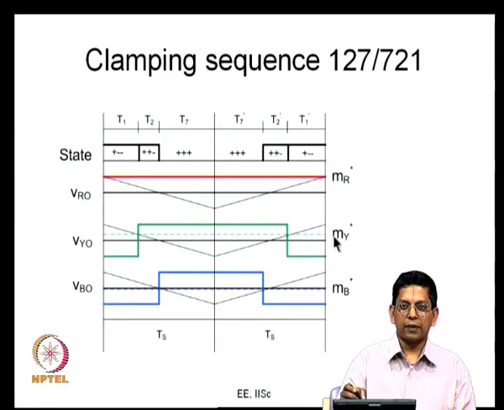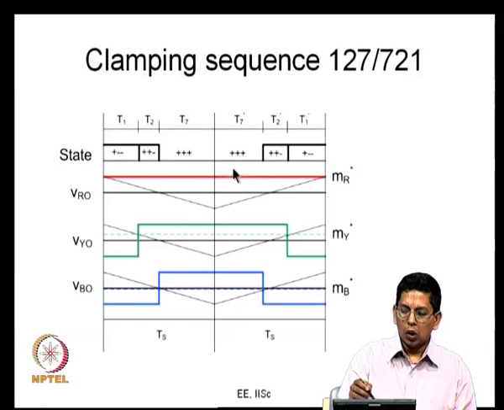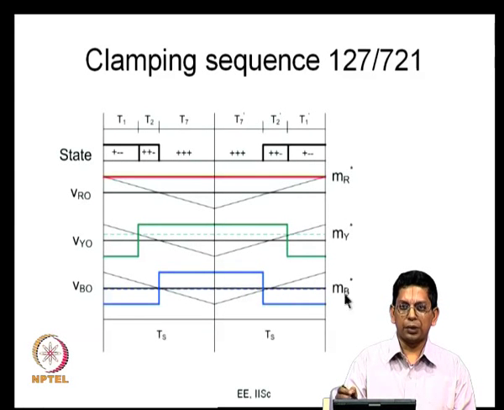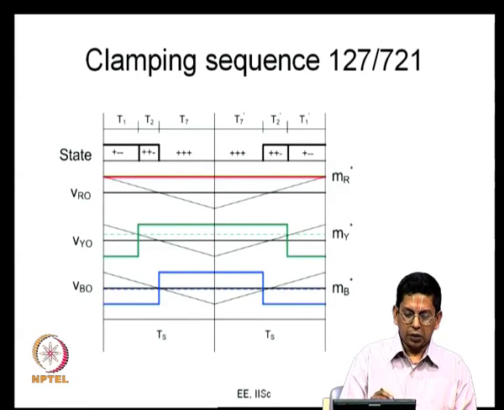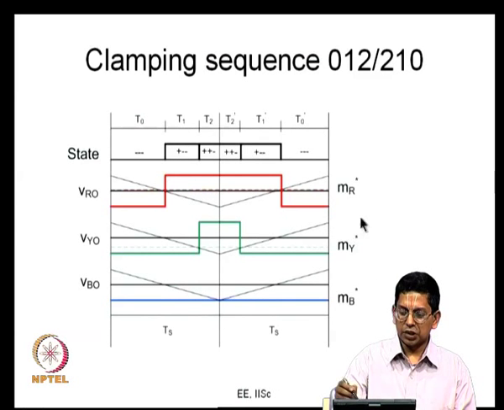Whereas in the earlier case, the common mode component added is positive, so that MR, which is the highest of the 3, has become equal to plus VDC by 2, which is equivalent to the V peak of the carrier. So here you have added a positive common mode component such that your M max becomes equal to the V peak. Here you have added a negative common mode such that your M minimum is equal to minus V peak. That is how you do it.